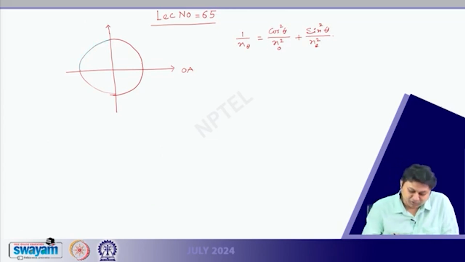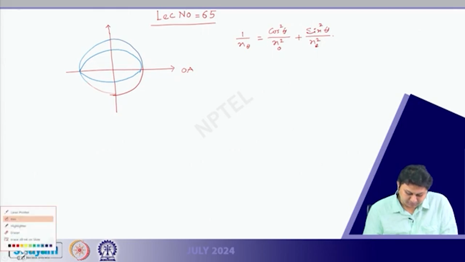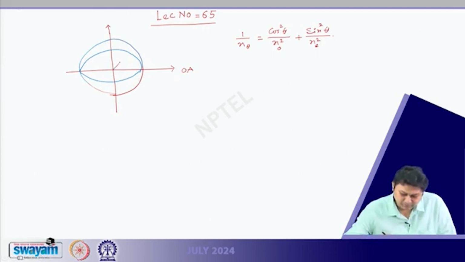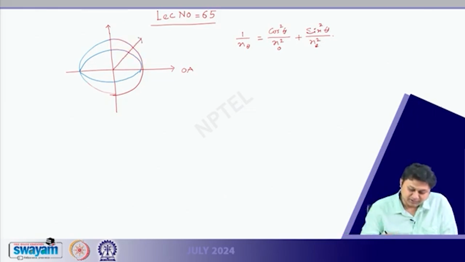For example, if I draw a small ellipse inside this circle, then this small ellipse is the measure of n theta, where theta is the direction we are talking about. And at this point theta is equal to 0.